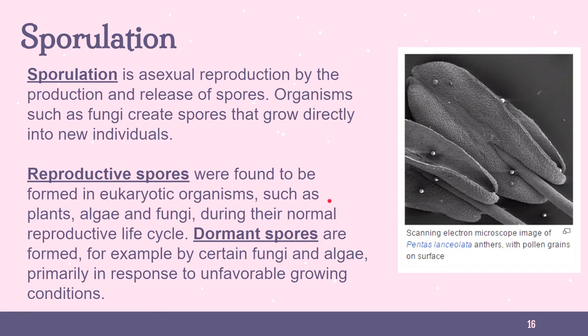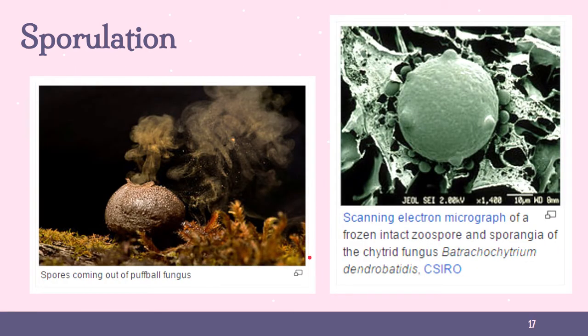These are images of sporulation. So this one is a puffball. A puffball is actually a type of fungi. It's related to mushrooms. Once they have to reproduce, they will literally puff out their spores. So what you see here is actually not a cloud, but it's made up of millions and millions of microscopic spores being released into the air.